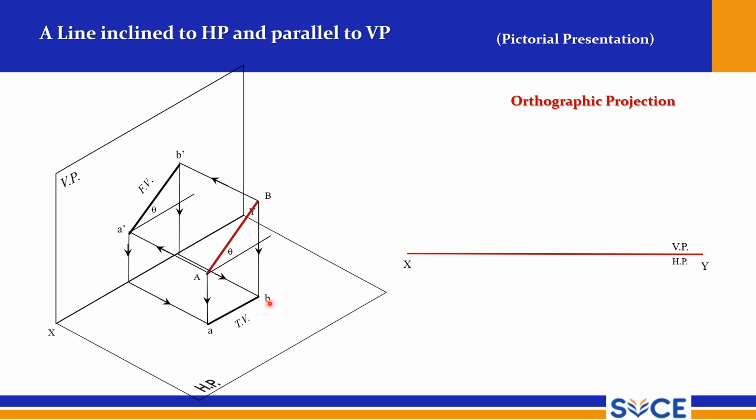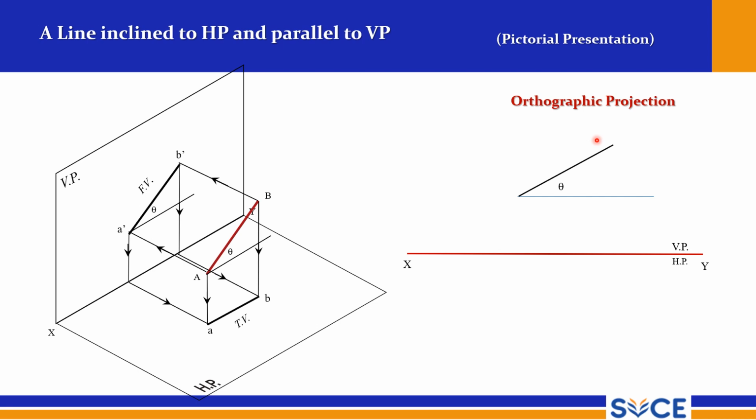So this is our XY reference line, VP, HP, and in front of VP we have AB, and above HP we have A dash B dash at theta angle. So that is the theta. Always the true length line should be drawn first.